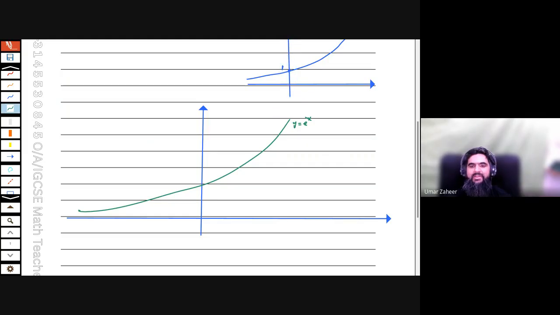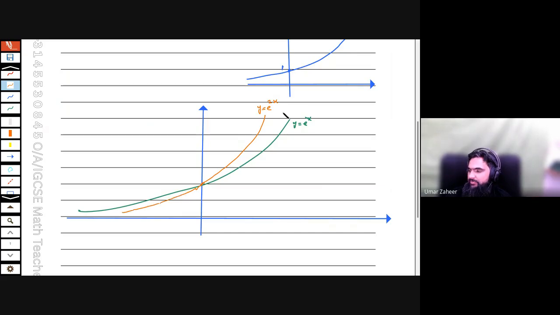If I make the graph of y equals e power 2x, because of the 2, obviously the graph increases more steeply. So the graph will increase more exponentially, but in the negative values, it is going to be less. It is going to be below. It will look like this. It is a smooth curve, not like this.